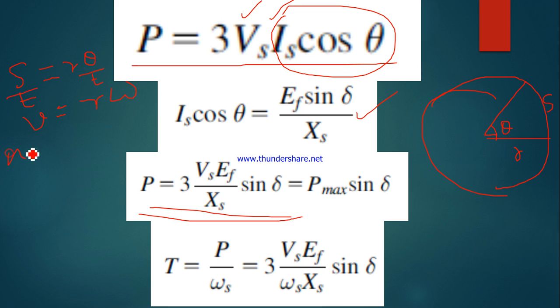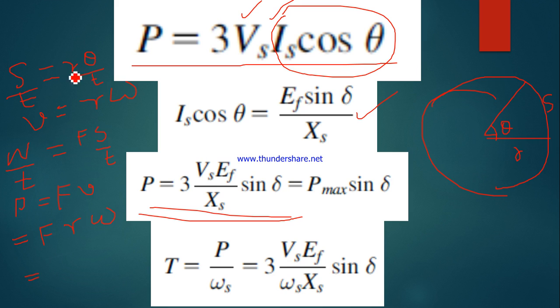Now my work done is equal to force into distance, work done per unit time is called my power, so this is F into V. So my V is equal to R omega.